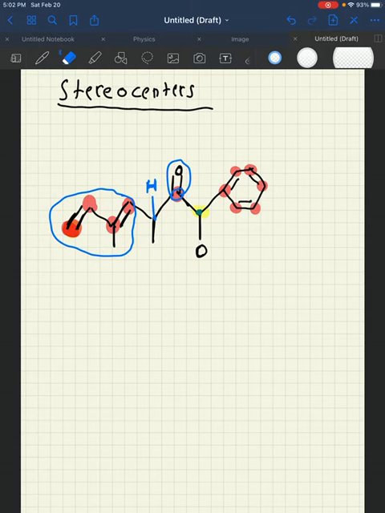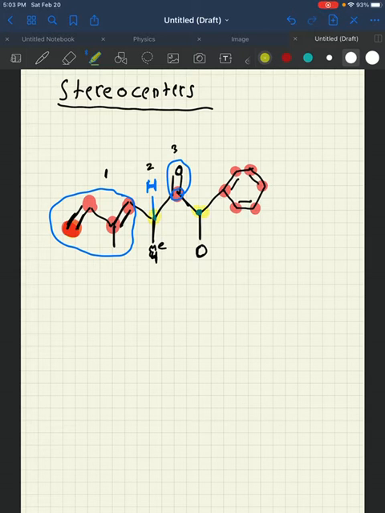So now, we do know that we have, count them out with me, 1 group that's different, 2 groups that are different, 3 groups that are different, and we also have another group that's different because this is a methyl down here. So we found another one, guys. Let's mark it right here.